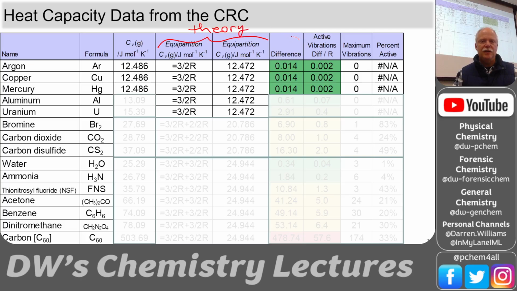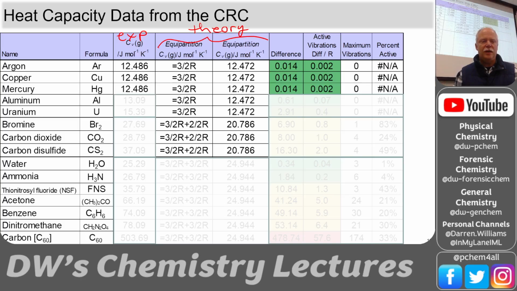Okay, and here's the difference, right? Here's experimental and theory. So the experimental is a little bit higher than the theory. So not sure where the difference is theoretically, but anyway, something going on there.